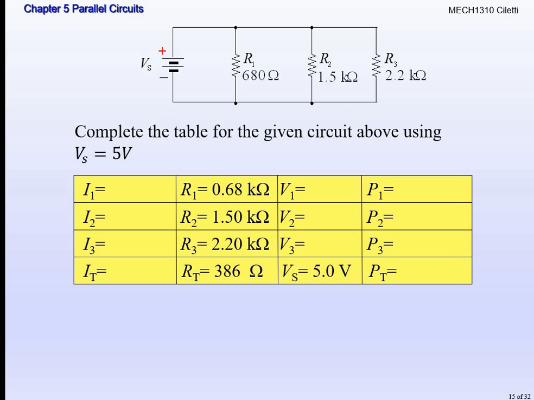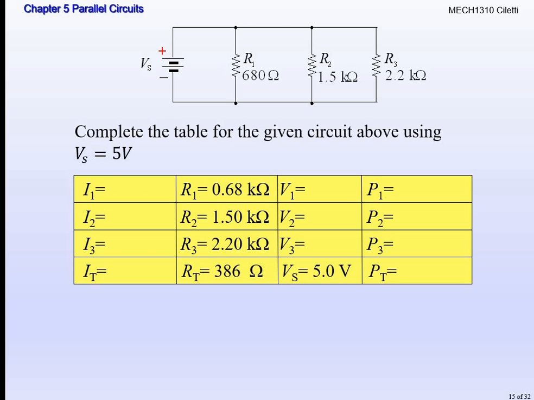Here's what I want you to do now. We've already done this circuit with R1 and R2. I'm throwing a third resistor on there. I want you to pause this. Wait till I'm done talking before you pause it. And complete the table. I want you to be able to solve this entire circuit on your own.